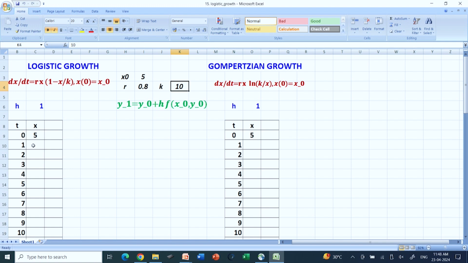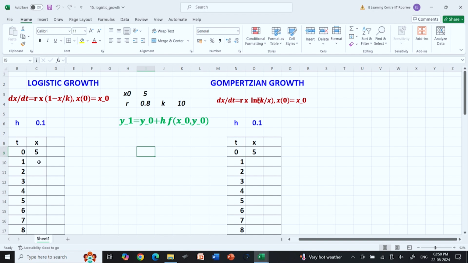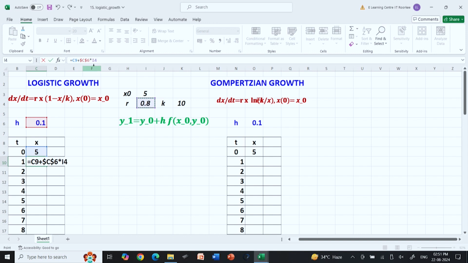So, if I come here, we next calculate this value which is equal to x0 plus h, which is a constant. So I put a dollar, multiplied by r, again a constant.